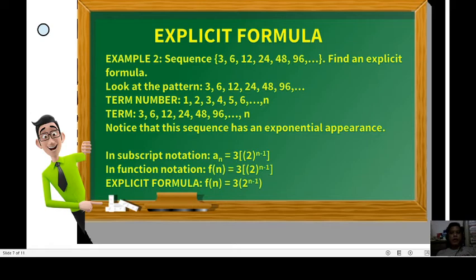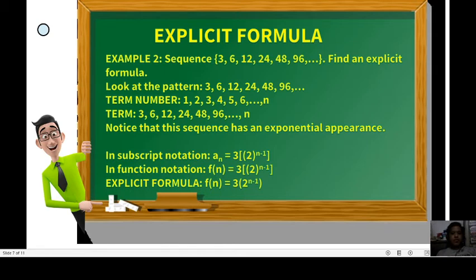So let us find the explicit formula. Our pattern is 3, 6, 12, 24, 48, 96, and so on, and the succeeding term is multiplied by 2. Notice that this sequence has an exponential appearance, so we can adopt the exponential.